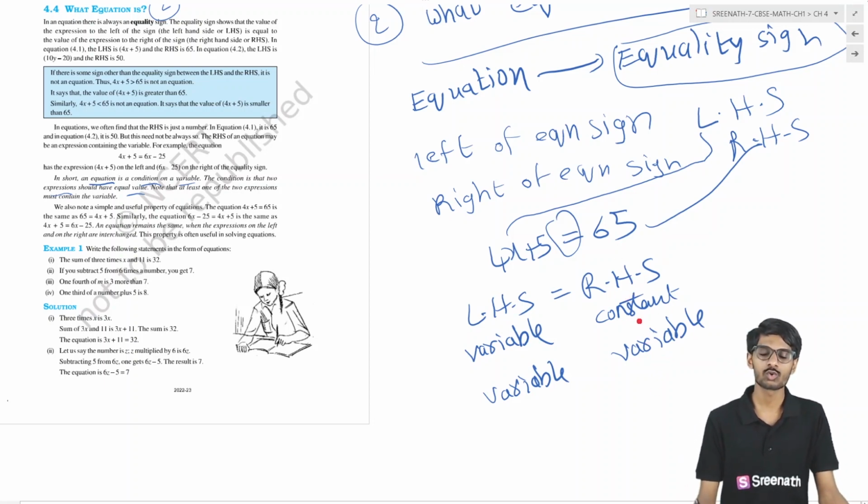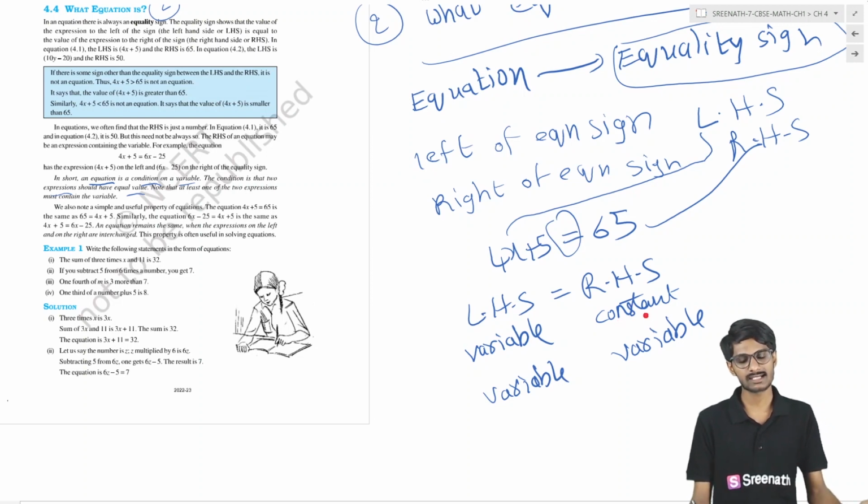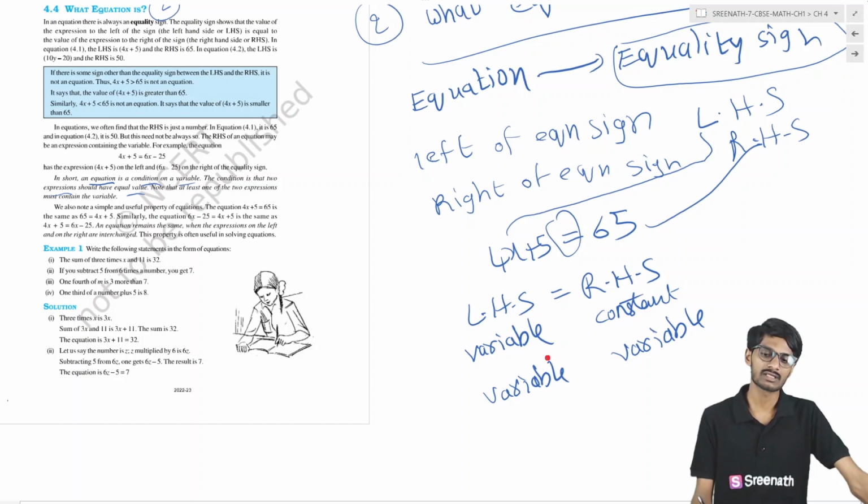There is no rule that the right hand side must always be a constant. The left hand side expression must be equal to the right hand side expression. Okay students, these two expressions which are equated with an equality sign are called the equation. That is all about the equation.